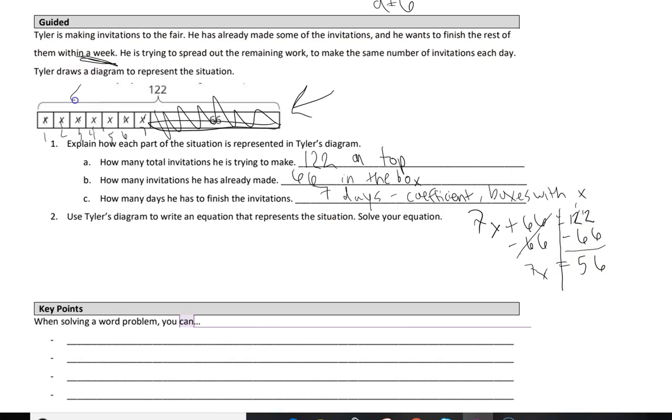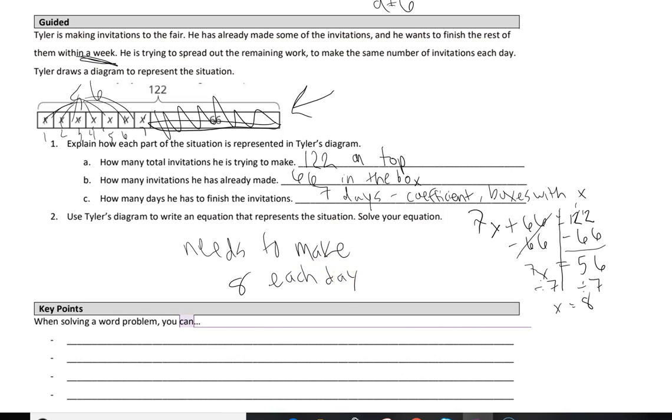And then we're saying, okay, 56 are left for these 7 days. So if we split up those days with the 56 invitations, we can see that he needs 8 per day. He needs to make 8 each day.